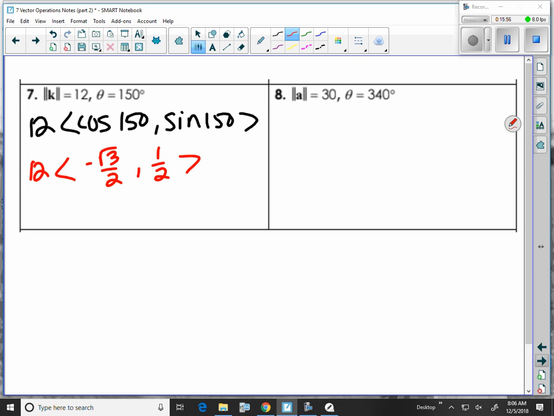It is so important that you watch for negative signs. If it has a negative sign, make sure that you're careful about writing that there. We distribute our 12, and then you can simplify.